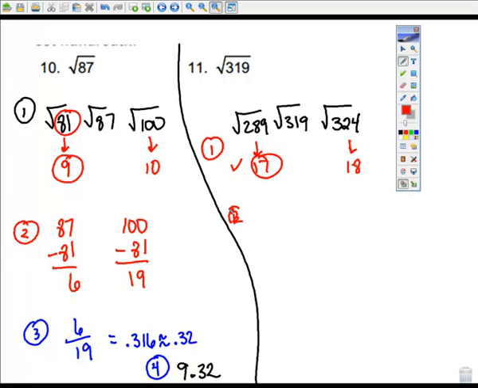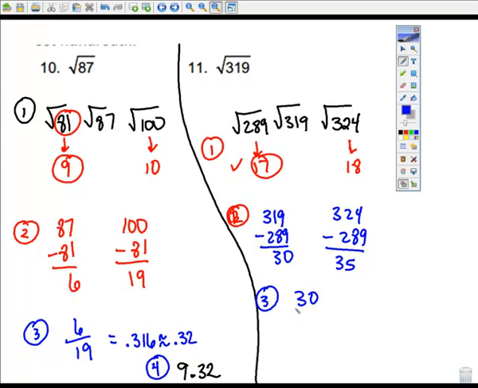Step 2, I take 319, subtract 289, and that gives me 30. And 324, subtract again the 289, is 35. Step 3, I take the smaller difference divided by the larger one.